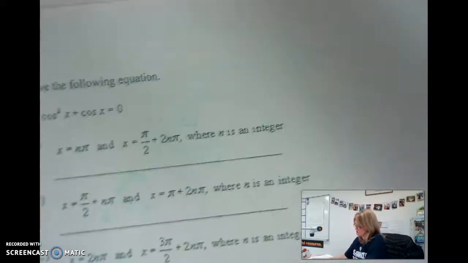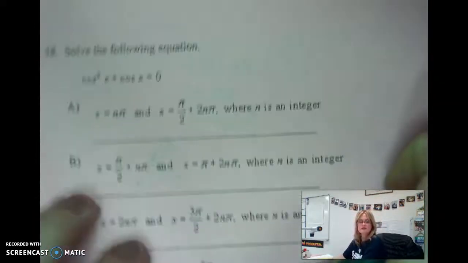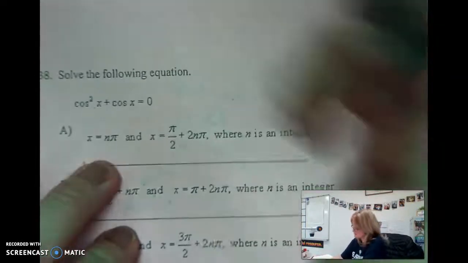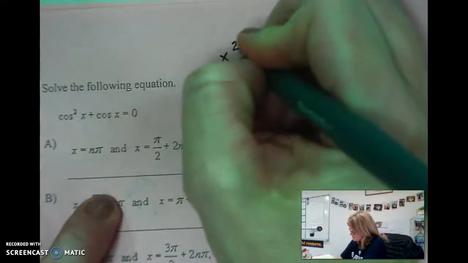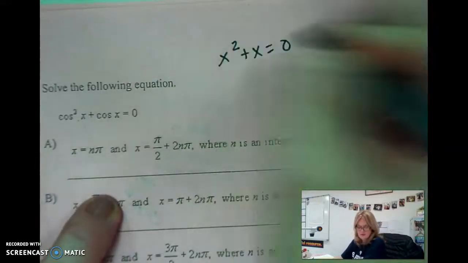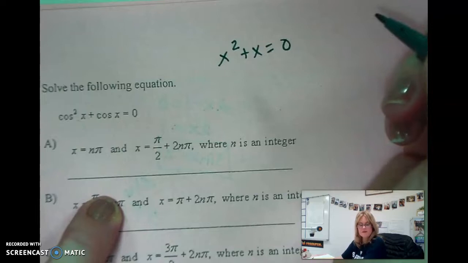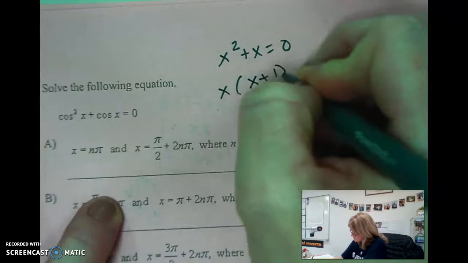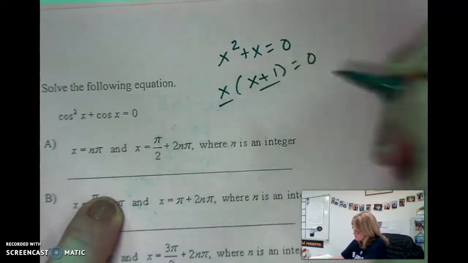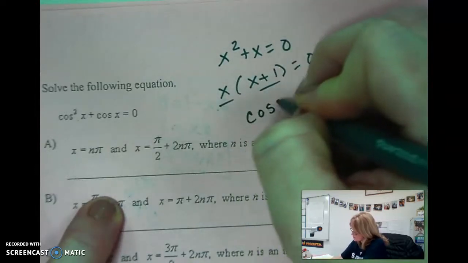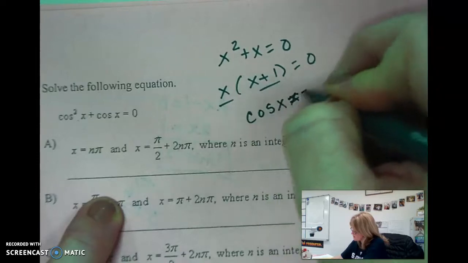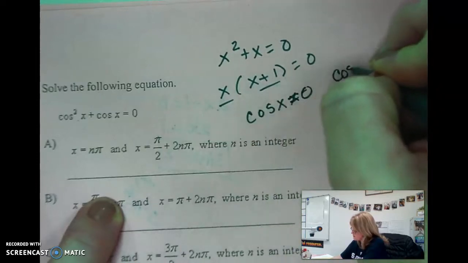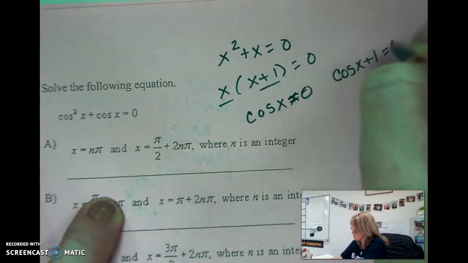Same thing with this one. If you want to make it simpler, take out the cosine for a second and solve this equation: x squared plus x equals 0. Look for the GCF. That's x. And now we have the zero product property. So when is cosine of x equal to 0, and when is cosine of x plus 1 equal to 0?